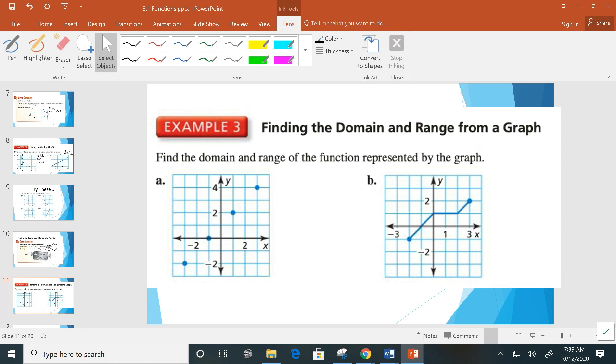So we've got two different types of graphs here, one of which we consider a discrete graph, okay, which is letter A. This is discrete. And then over here we have a continuous graph. The difference being in letter A, you'll notice that our points are not connected, okay?